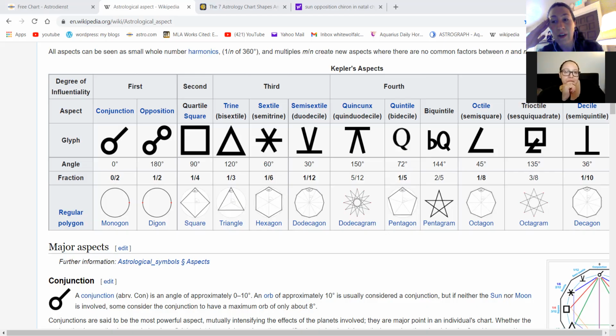So I do recommend that you play around with different free websites to see if they have these aspects that you can add in. Because it's really fun to see, what the hell, novile in your chart, past life talents. Some of these past life talents I've read about were like, you're just really good at organizing.